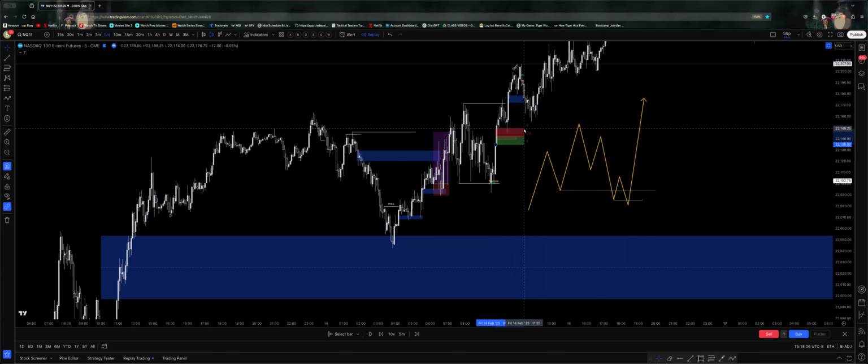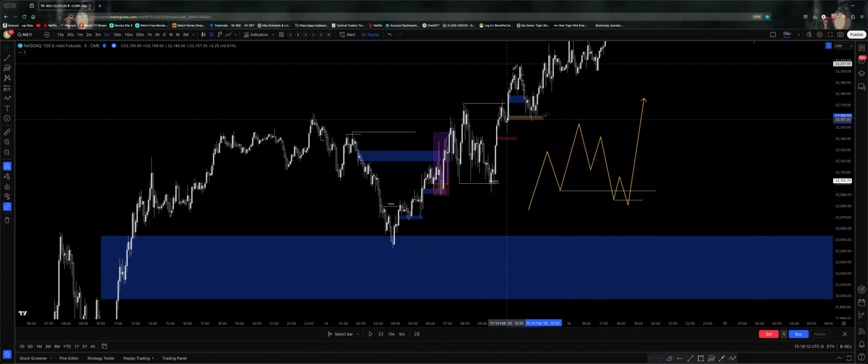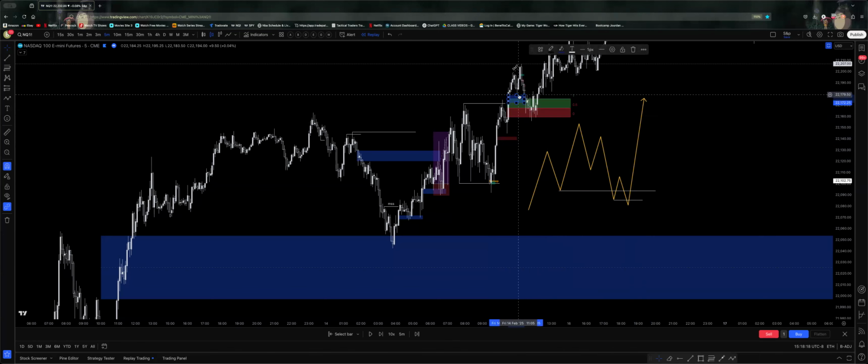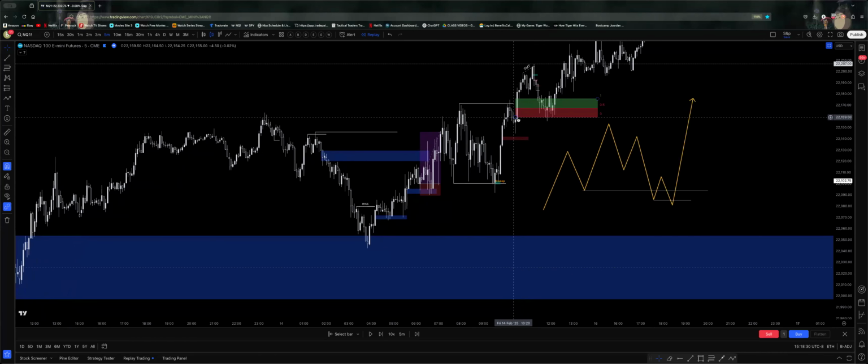This wasn't the greatest example. Let's use this one right here, from here to here. You see price is coming down to some sort of discount in the fib, inside the fair value gap. This is called the 50 fib, or consequent encroachment of the fair value gap.